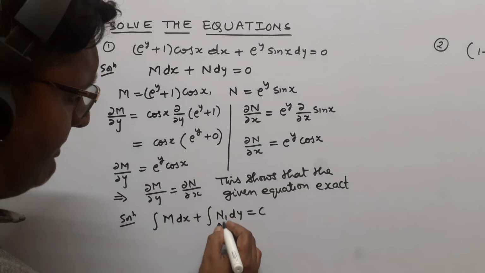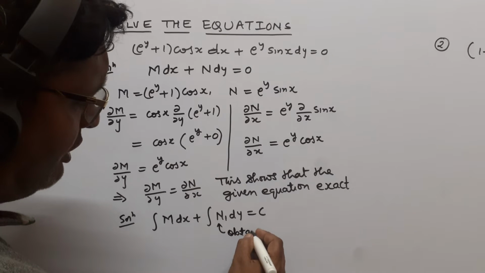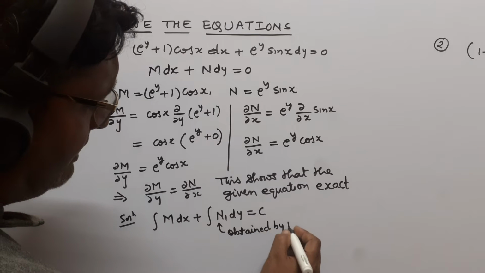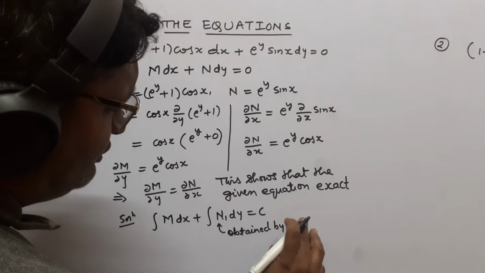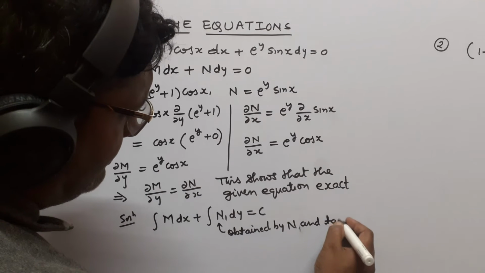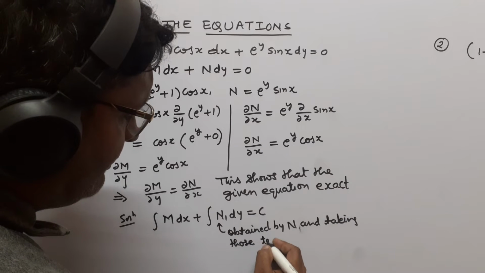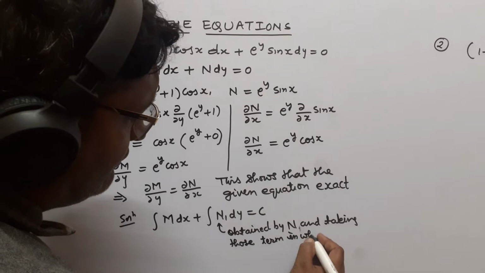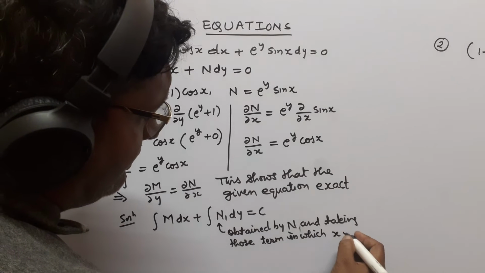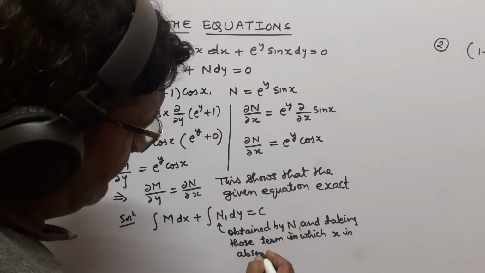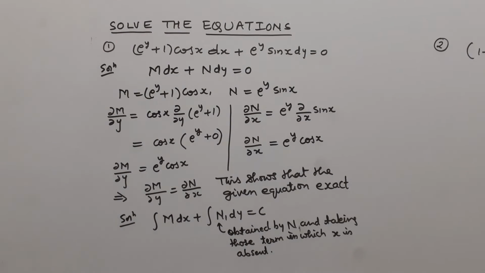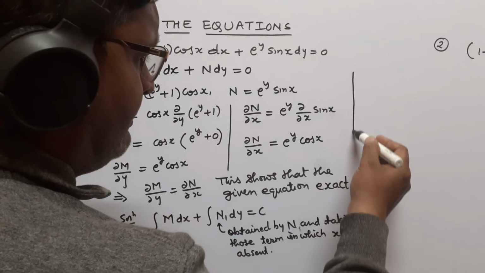Here N1 is obtained from N by taking those terms of N in which x is absent.